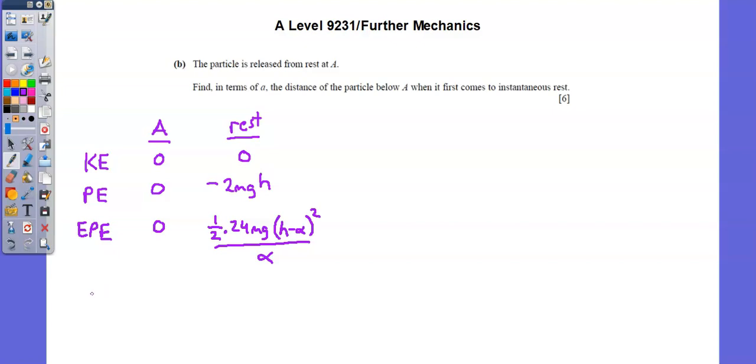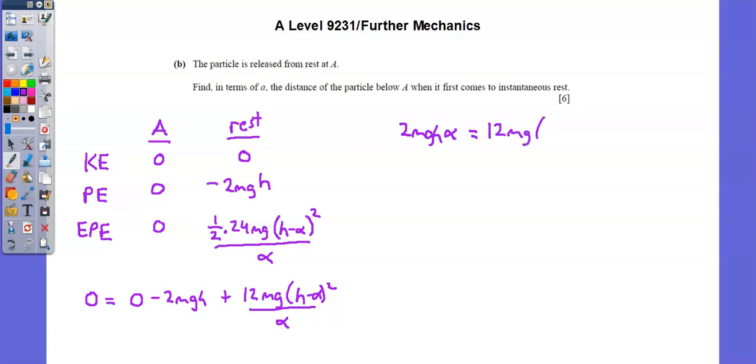The energies at A sum to 0, equals the sum of 0 plus negative 2mgh plus 1/2 times 24, which is 12, 12 mg times h minus alpha squared over alpha. Now I'll do some algebra. I'll have on the left side 2mgh times alpha equals 12 mg times the quantity h minus alpha squared.